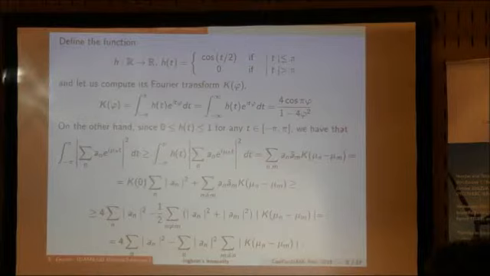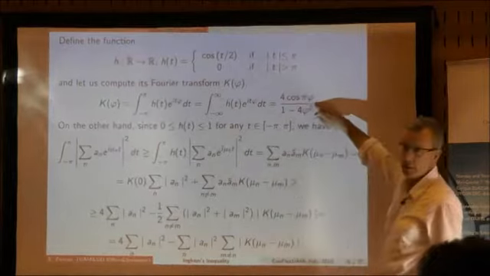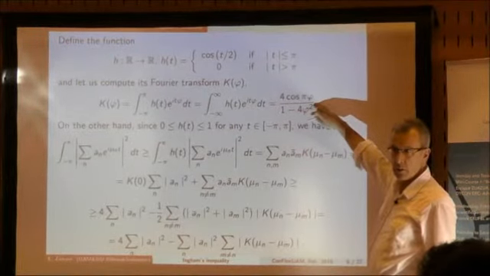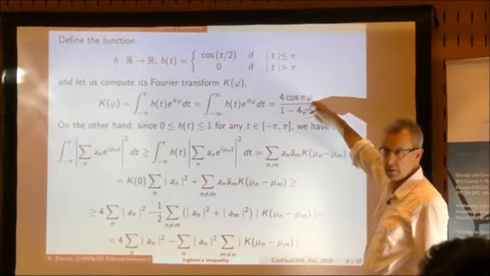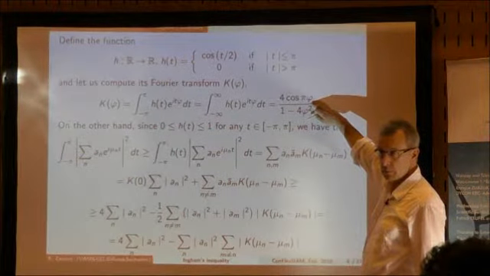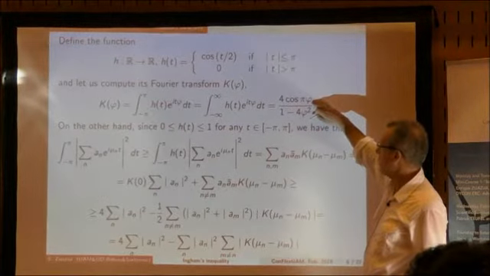And this is k. And when does this vanish? When phi is equal to 1/2, something like this, right?